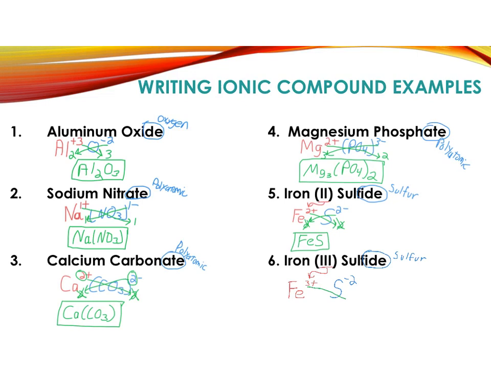Then I crisscross the 3 and that 2, and I end up with Fe2S3. So notice that Roman numeral makes a big difference in my answer on numbers 5 and 6.